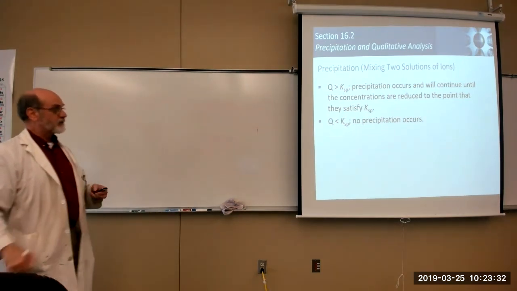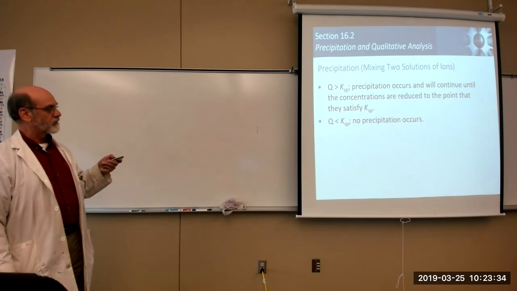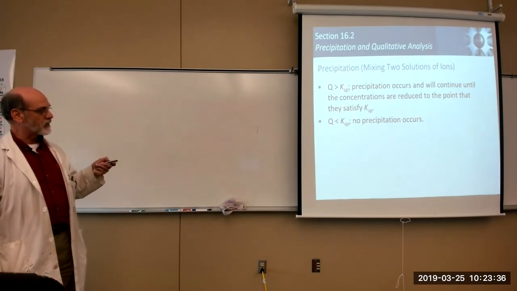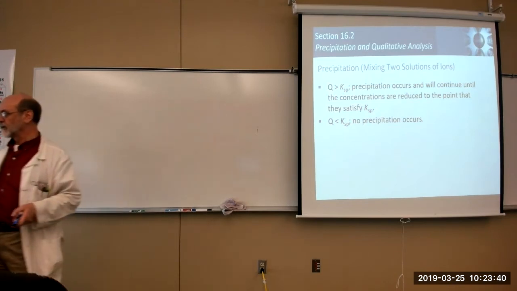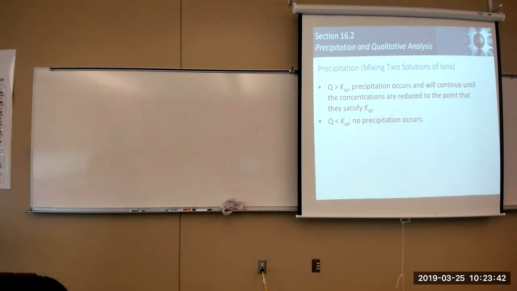And to know that, we need to compare the solubility product with the Q value. We've done Q's before. You calculate your Q the same way you do the K, only with the given concentrations of the ion pairs.